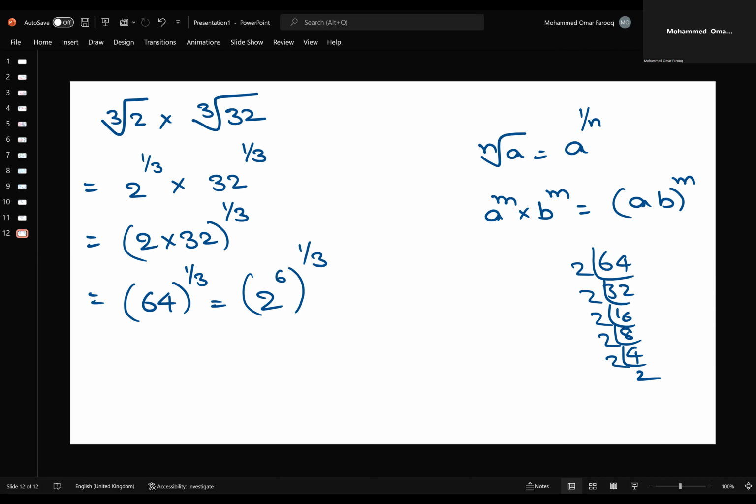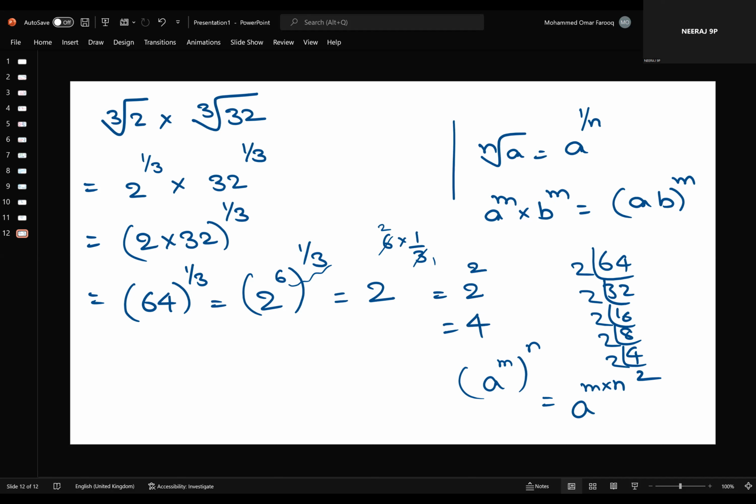When you have power over power, what are we supposed to do? a to the power of m whole to the power of n is equal to a to the power of m into n. So it equals 2 to the power of 6 into 1 by 3. Here 3 ones are 3, 3 twos are 6. So that is equal to 2 square, and 2 square is 4. Did you understand?